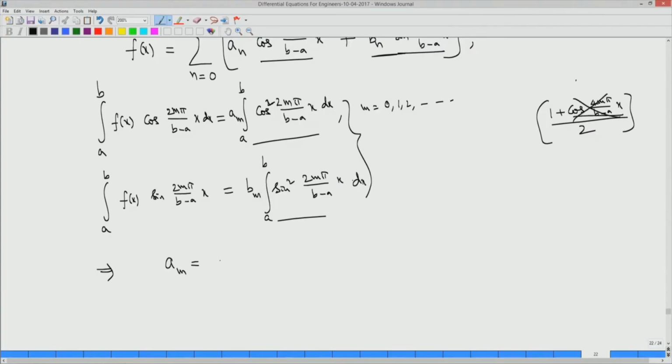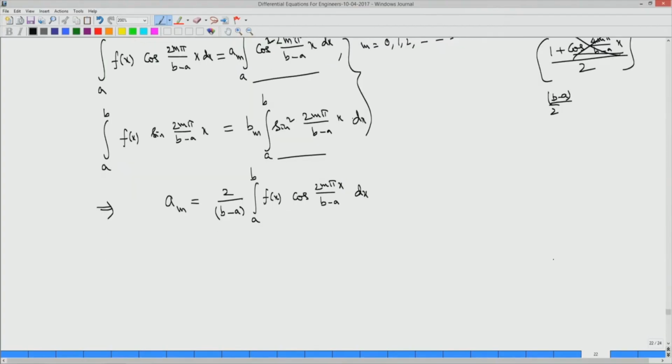Finally what you get is am. So this integral value is 1 by 2 integral a to b, so that is b minus a by 2. So if you bring it to the other side, am will be 2 divided by b minus a, integral a to b f(x) cosine 2m pi by b minus a into x dx.